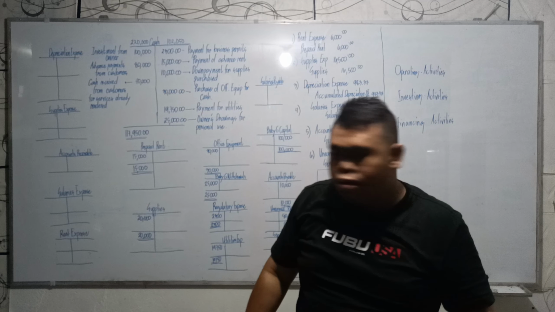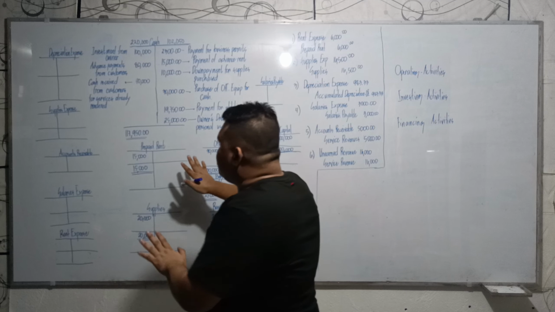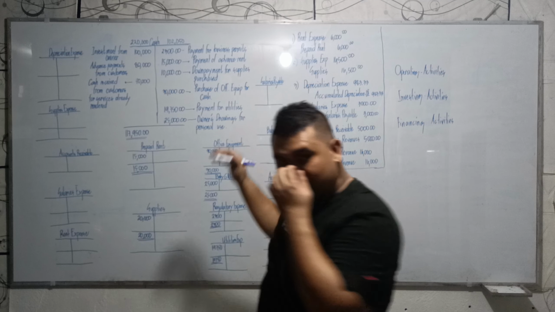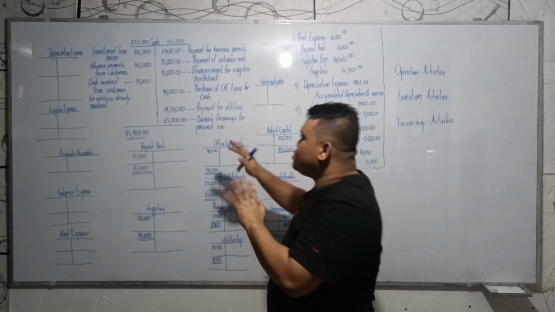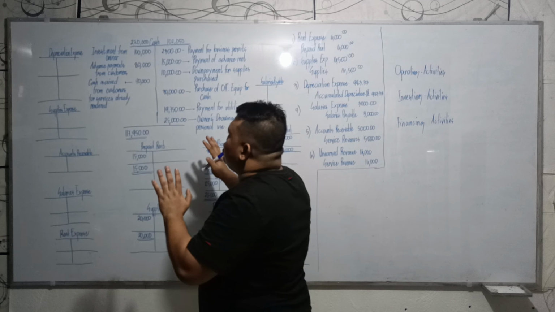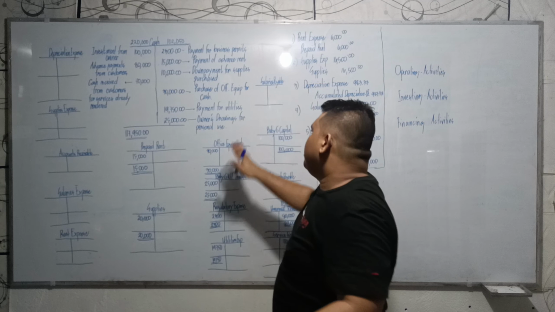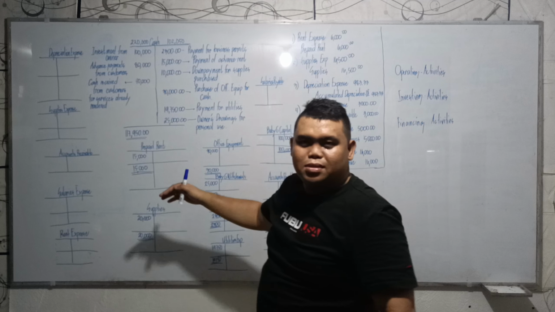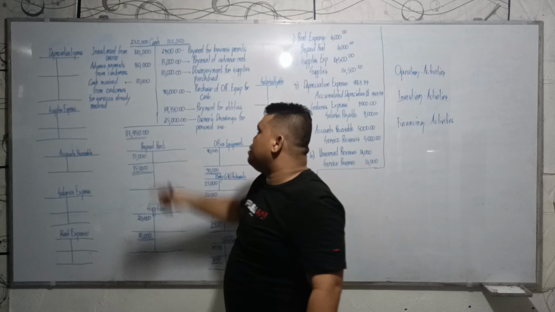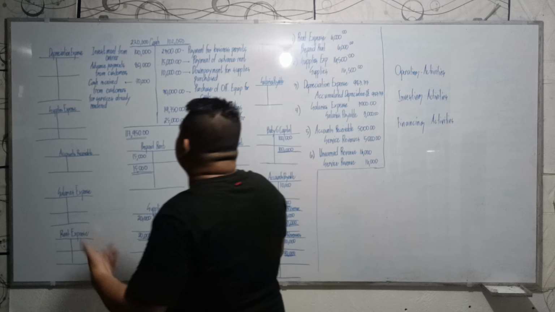Okay? And since you have the basic definitions of these three, let's make a cash flow statement based on our illustrative problem. Now, I have made this so that I can economize the board. Because if I'm going to make this in front of you live on the recording, this will not fit. Okay? So, I have made this. So again, you're already familiar with the T account for cash.